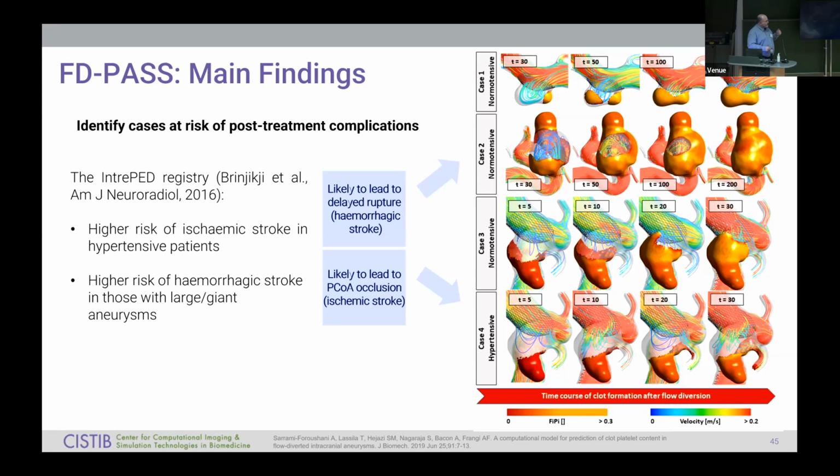What you observe is that in hypertensive patients with side branches, you get a clot into the side vessel. That implies that the whole territory that vessel feeds will be stroked, and that's where you get complications. But that doesn't happen if the patients are normotensive. So all of this is intelligence that helps guide the next generation of your designs and your devices, and what you need to take into account and what you don't.